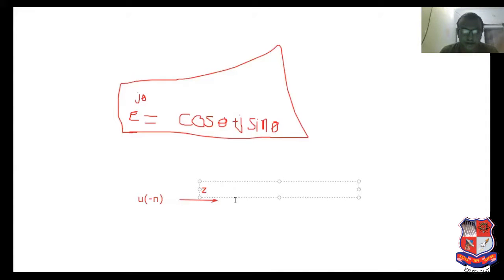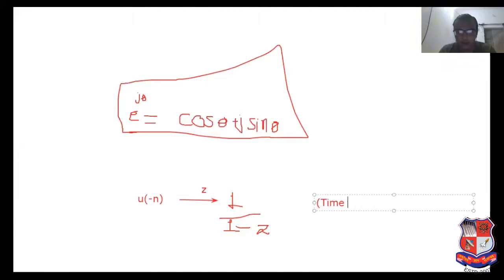Here we can write 1 upon 1 minus z. Based on which property? Time reversal property.